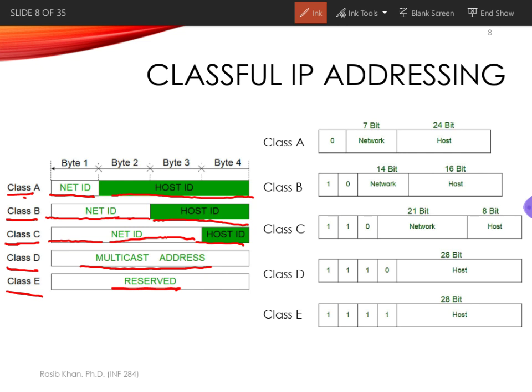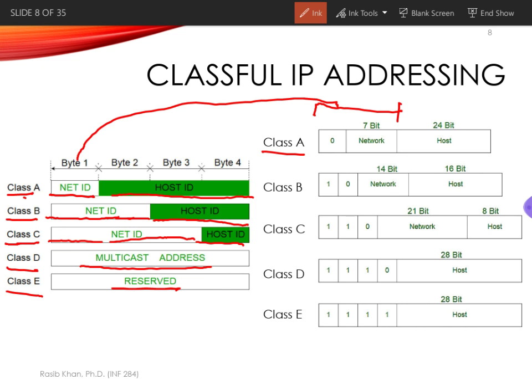Going forward, there is another breakdown in how we can identify, just by looking at an IP address, which class it belongs to. For class A, in the first 8 bits we know that this belongs to the network ID. However, if we are just given a plain IP address, we don't know how long the network address is just by looking at it.